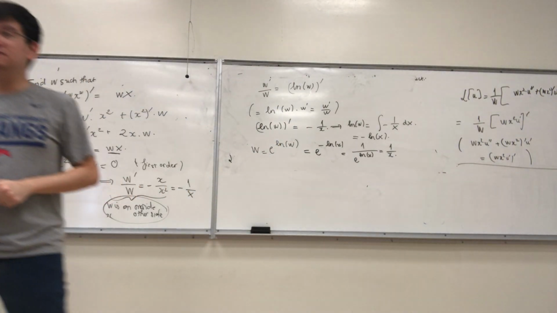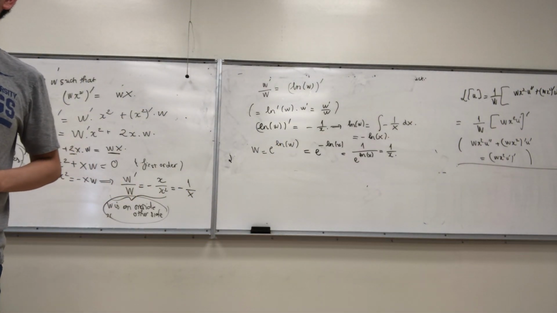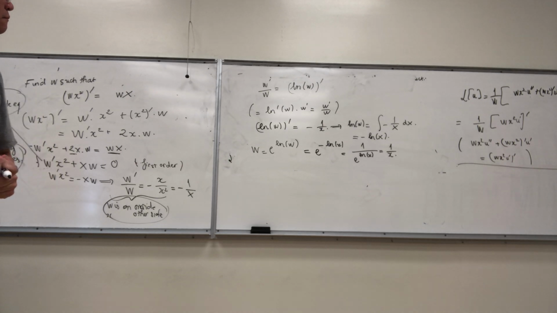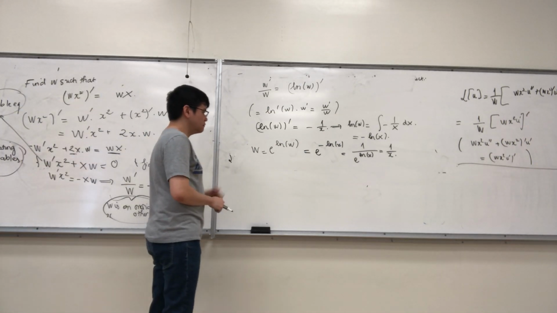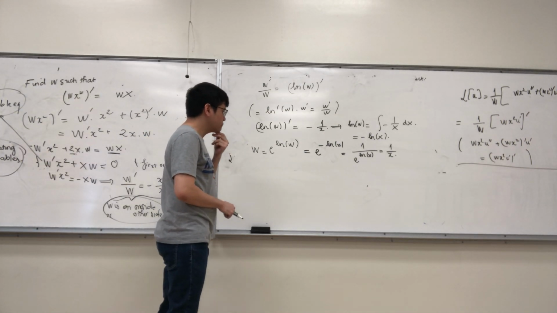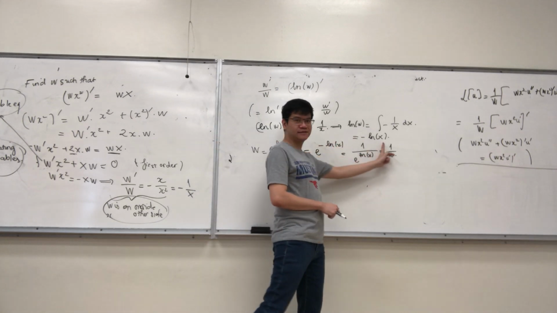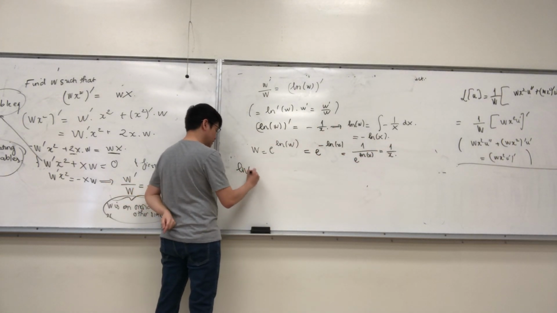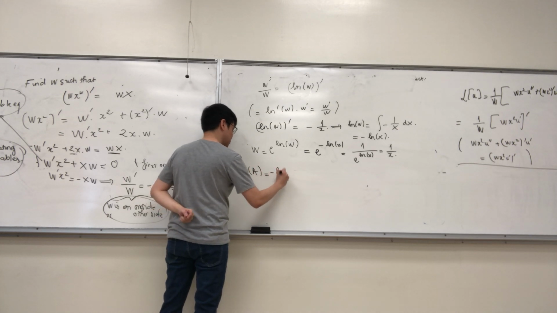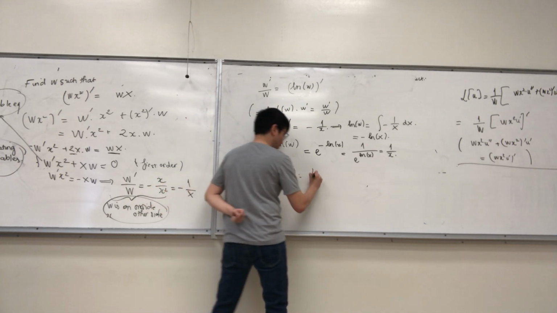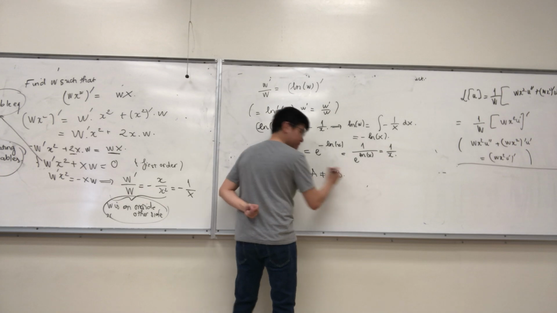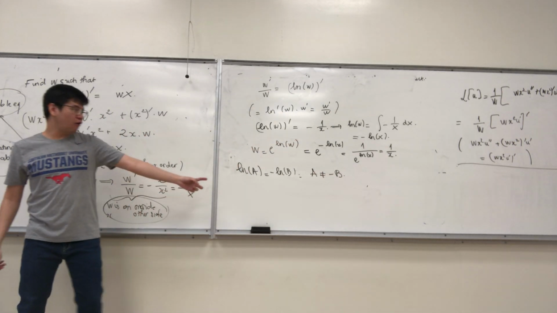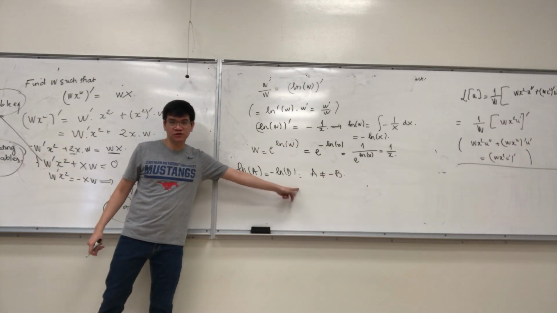Yes? Why do you, so like ln of w equals negative ln of x, and then you exponentiate both sides, why is it 1 over x instead of w equals negative x? Good question. So if you have log A equals minus log B, A is not minus B. Because log is taken only when A and B are positive, right?